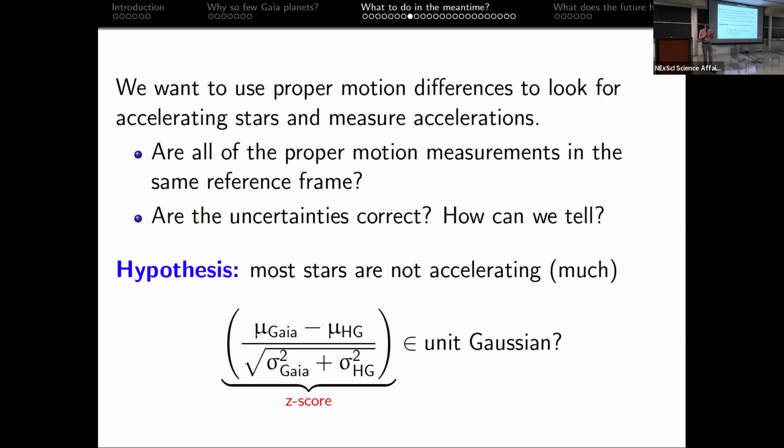So for most of the stars, are the observed changes in proper motion small? And do the errors that I look up in the catalogs accurately reflect that? I can take a difference, divide by an error, and ask, does it make a really nice bell curve? That's what passing the null test would mean in this case.